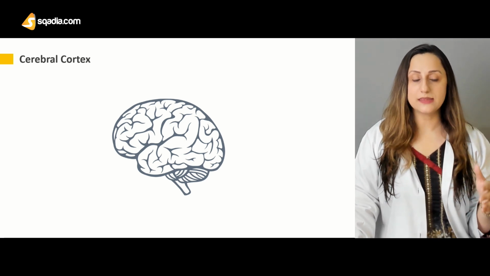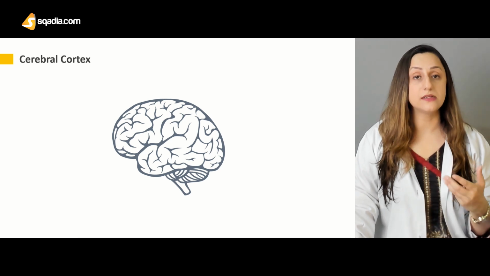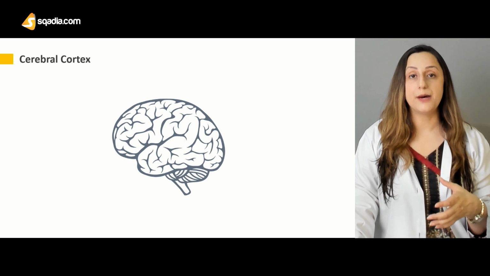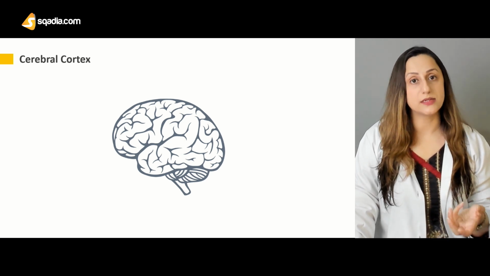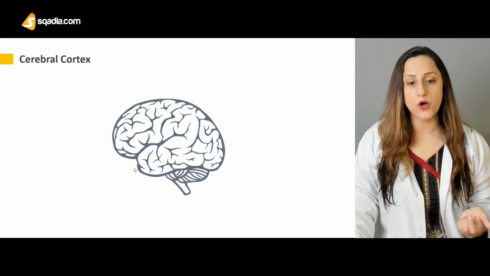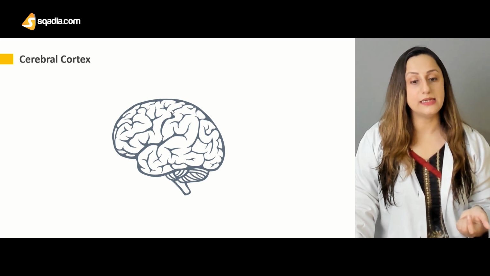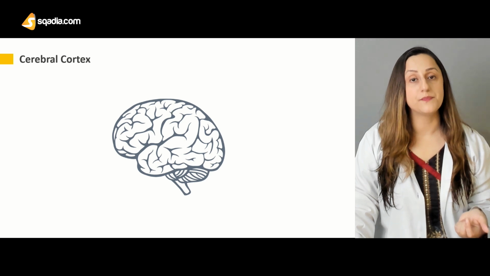So when we look at the cerebral cortex, what are the particular areas that are responsible for the integration of the information and commanding the different voluntary movements? First of all, we have the primary motor cortex, which is Brodmann's area 6.